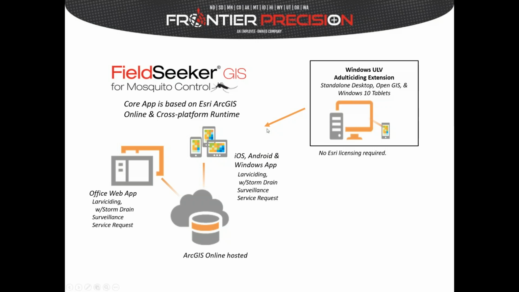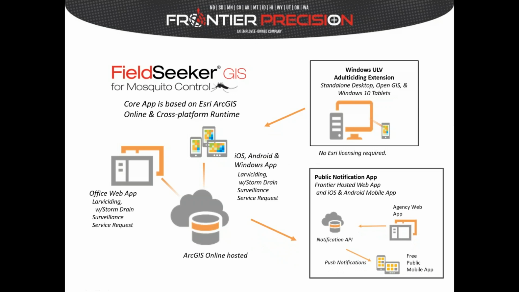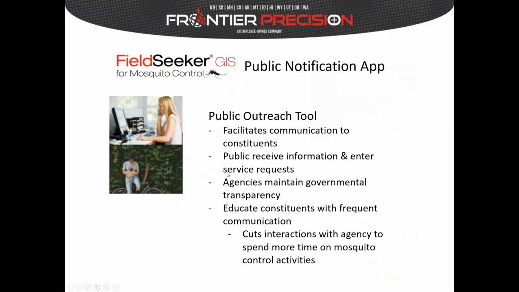It consists of a desktop app and also a Windows 10 mobile app to record truck spraying activities. And today's webinar will show how mosquito control agencies enhance their community outreach programs by using the new public notification app. It is a separate add-on to the FieldSeeker Core system.